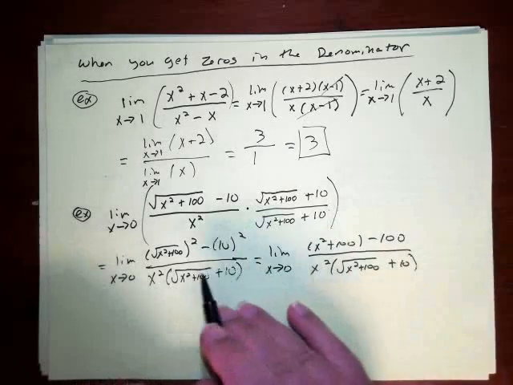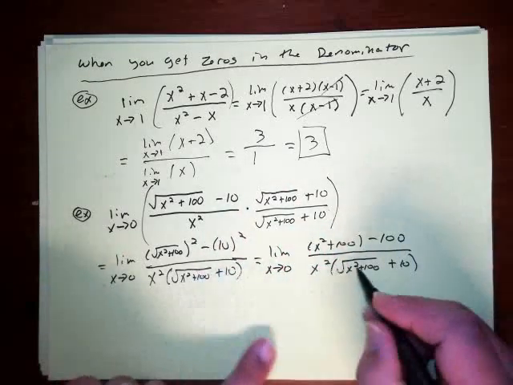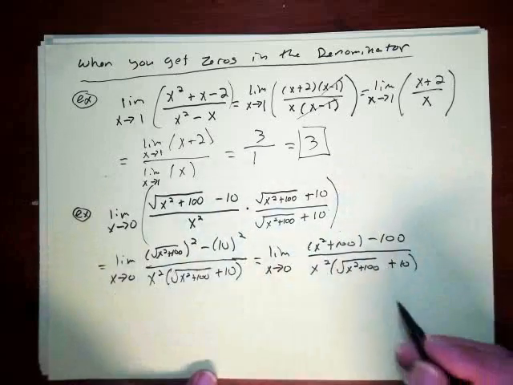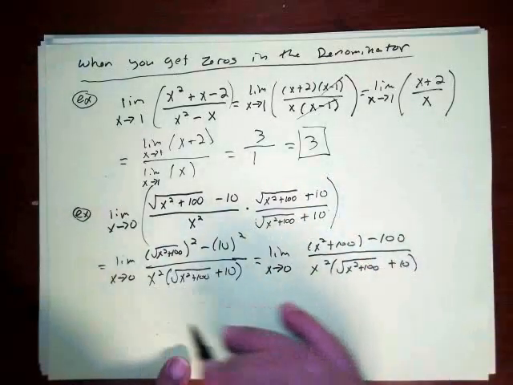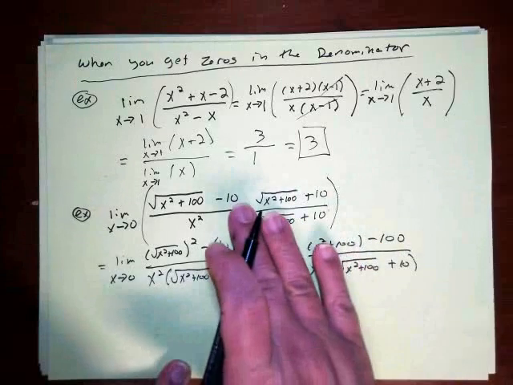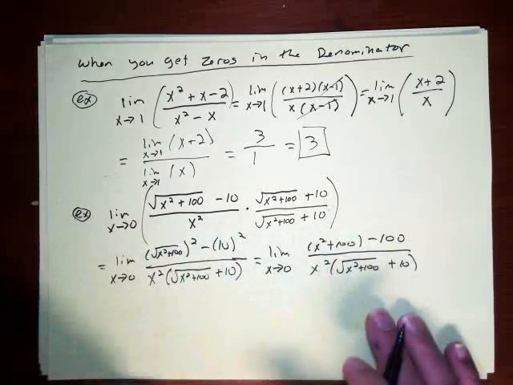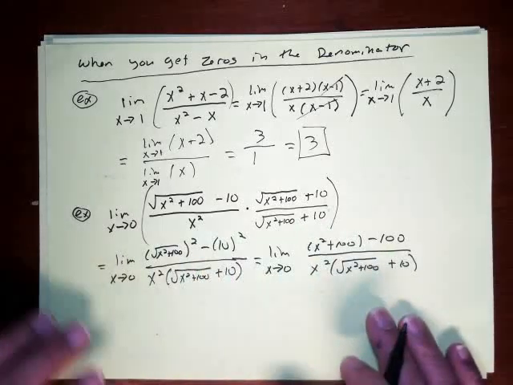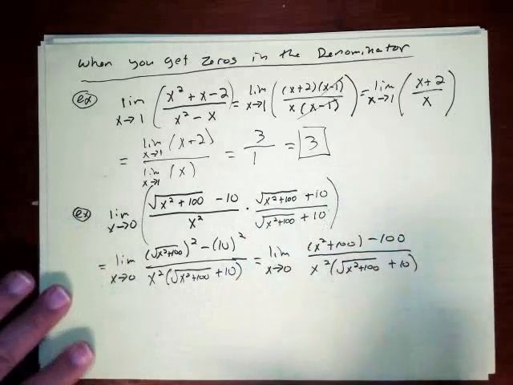Notice I'm making sure each step is equal to the next step. I'm not just thinking, oh, that's too much to write, I'll just put a squiggle there, or I'll just write what I need to think about to get to the next step. No, I'm writing that this is equal to this, is equal to this, is equal to this, is equal to the ending, and then I know I have the limit because each intermediate step is equal. Please take the time to do it.